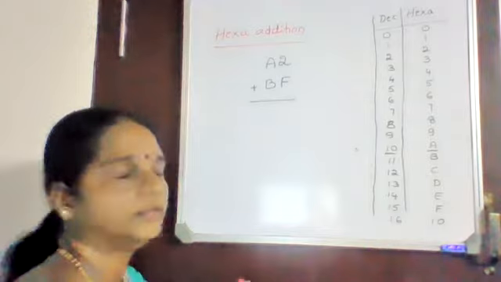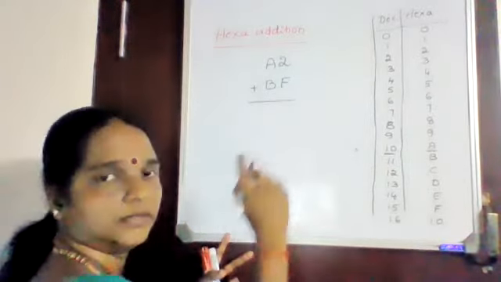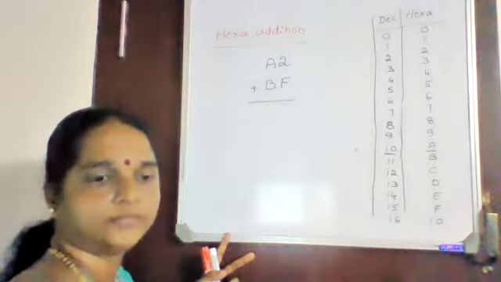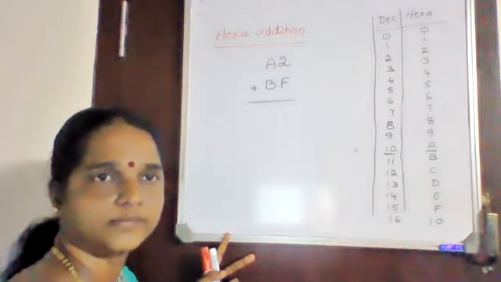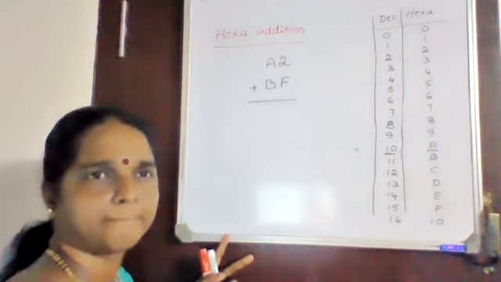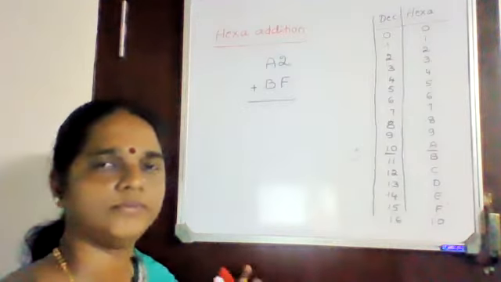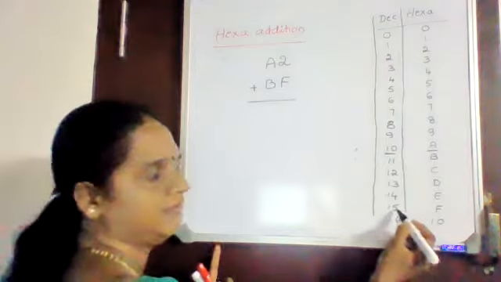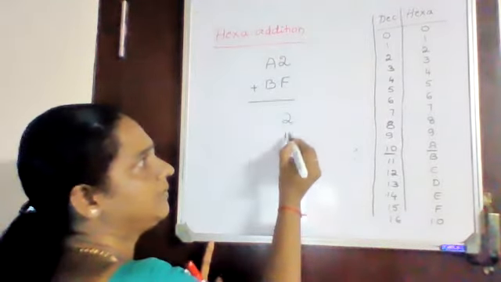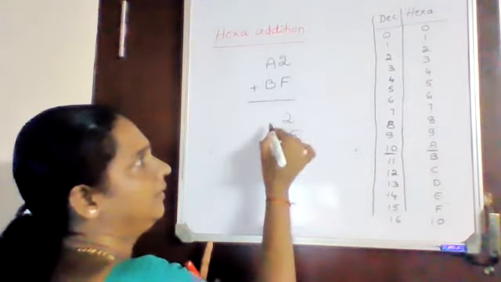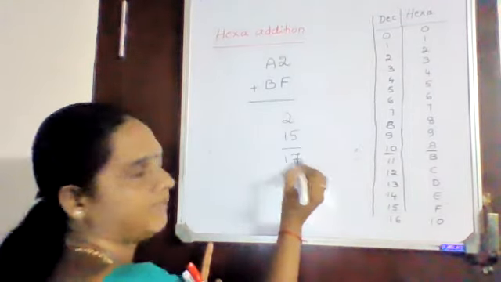Now this F is to be converted to hexadecimal first. Value of F is nothing but 15. So this is 2 plus 15, which is equal to 17.